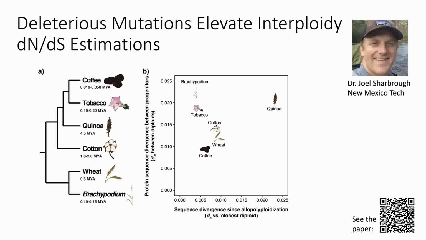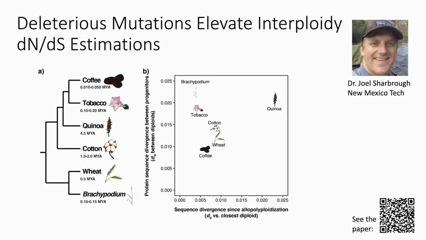One potential consequence of this phenomenon is that dN/dS estimations, when calculated between species of different ploidy levels, could be artificially inflated and may not actually infer weaker selection. So for this project, I worked with Dr. Joel Sharbrough, who's an assistant professor at the New Mexico Institute of Mining and Technology.